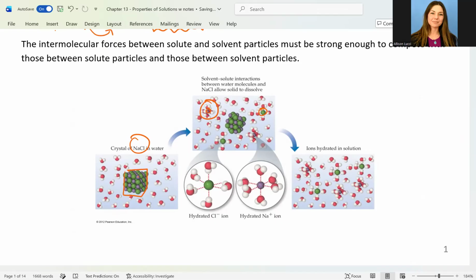And then we can see this blown up image down here of what happens when they become hydrated. We're going to learn another term called solvation, where when these ions are solvated, they are surrounded by the solvent. And this is what ions being hydrated in solution would look like graphically.